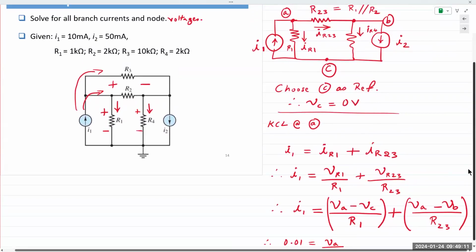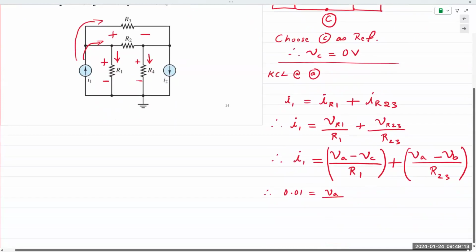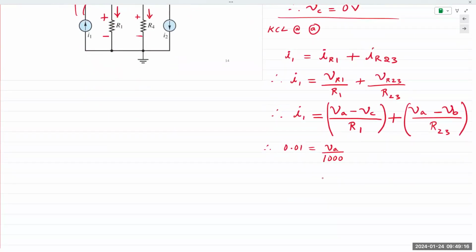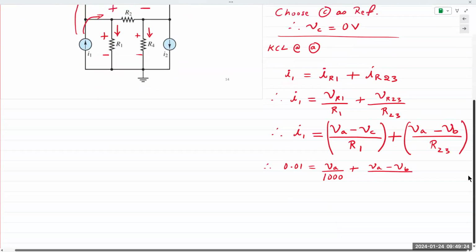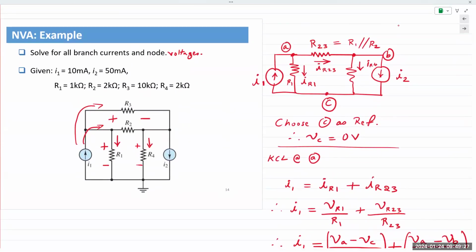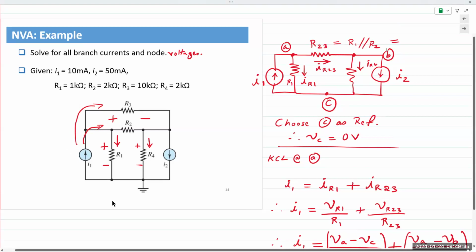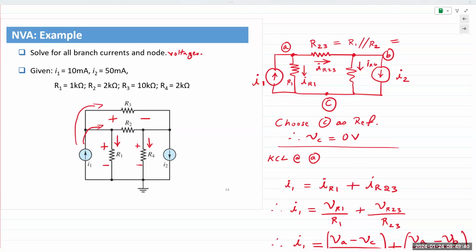R1 is what? 1 kilo ohm, 1000. Plus VA minus VB, divided by R23. Oh, R23. You never calculated R23. R23 is the parallel of 2000 and 10,000. Anyone have those numbers for me? It's 2000.